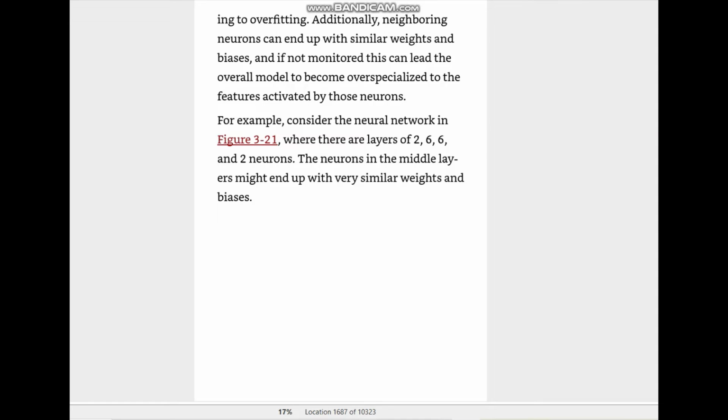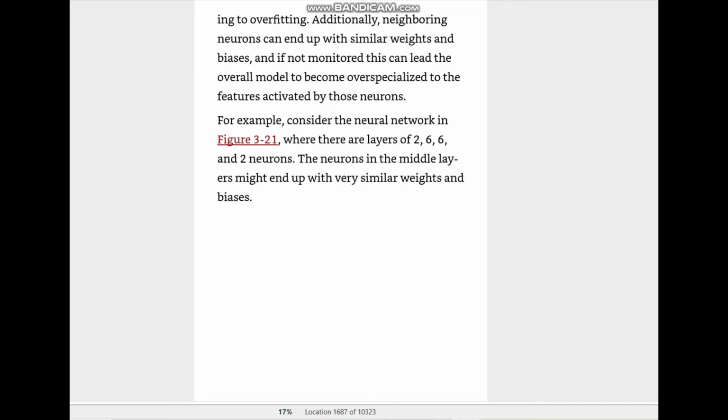Additionally, neighboring neurons can end up with similar weights and biases, and if not monitored, this can lead the overall model to become overspecialized to the features activated by those neurons. So that's also true, that a neuron that becomes overspecialized might also affect the neighboring neurons, because they might end up having similar weights and biases, and if not monitored, the overall model will become overspecialized.